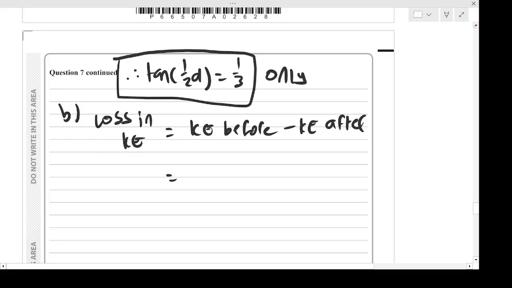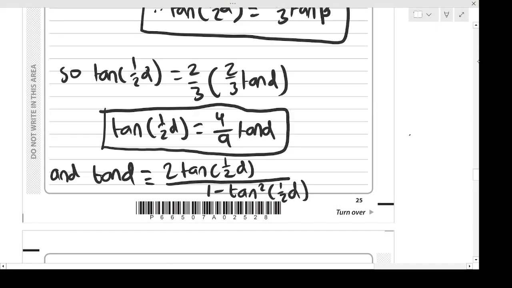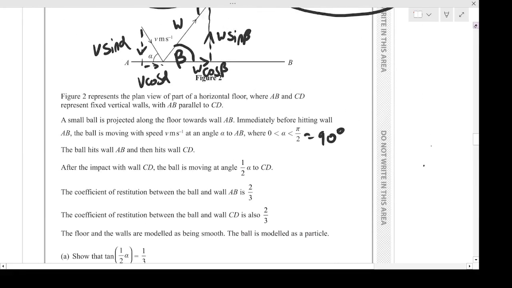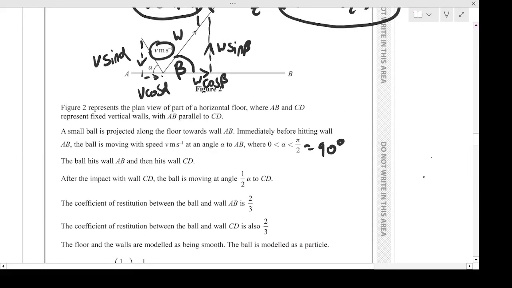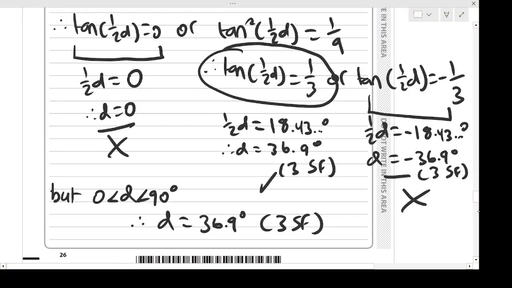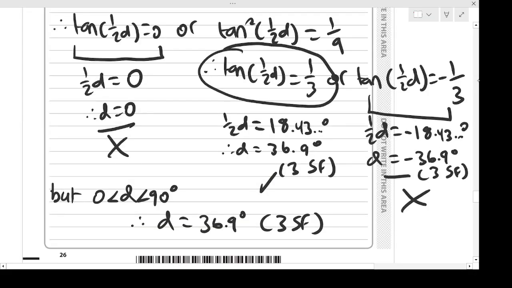Okay, so the kinetic energy before. Now again, remember, kinetic energy is a half mv squared. So the kinetic energy before all the collisions, right? So I'm talking about before the collisions. What was the speed before? It was v, right? So that's going to be half mv squared before. Then what about afterwards? Well, that's after all the collisions, right?